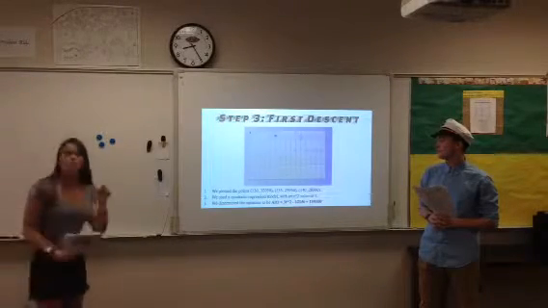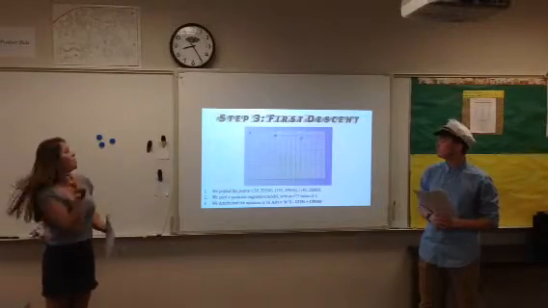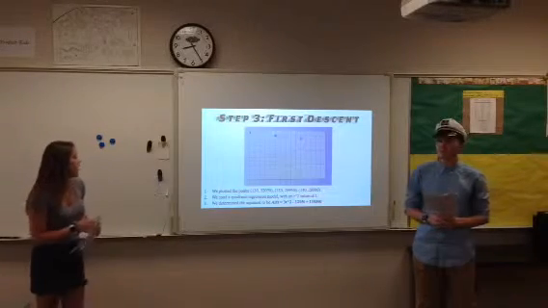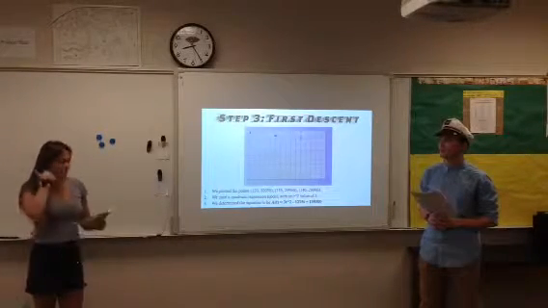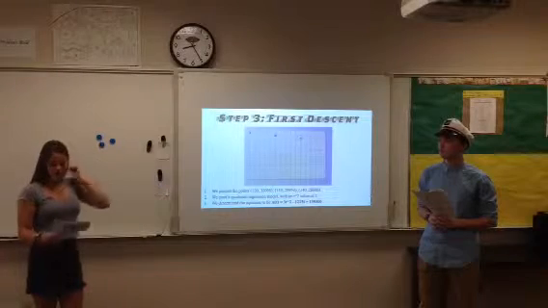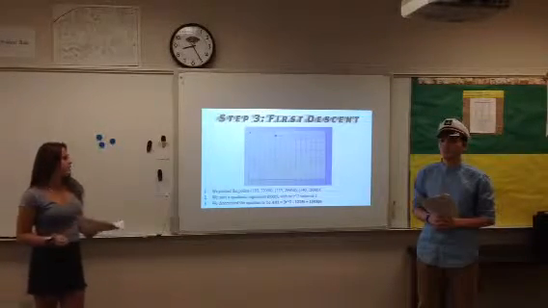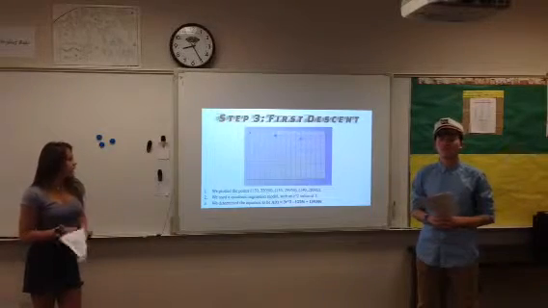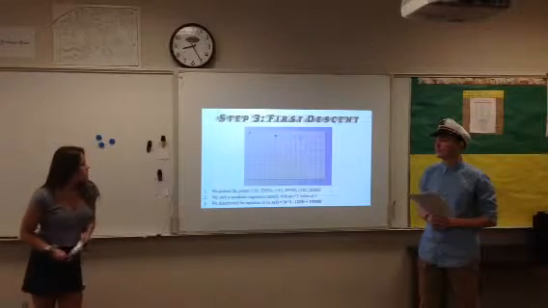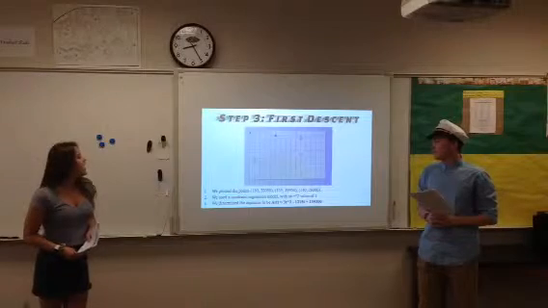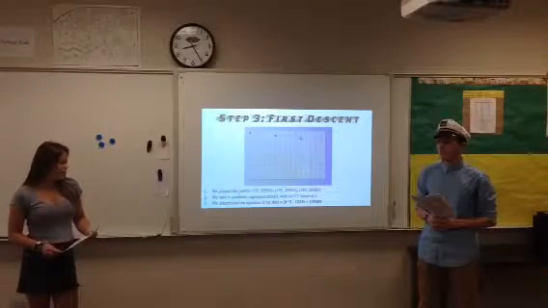Alright, the third section was the first tiny descent, so it's from 130 minutes to 140 minutes, and this could be from different reasons, but it's most likely due to another plane passing nearby or some turbulence. And so we used a quadratic regression model with an R-squared value of 1, and this is what we determined the equation to be.